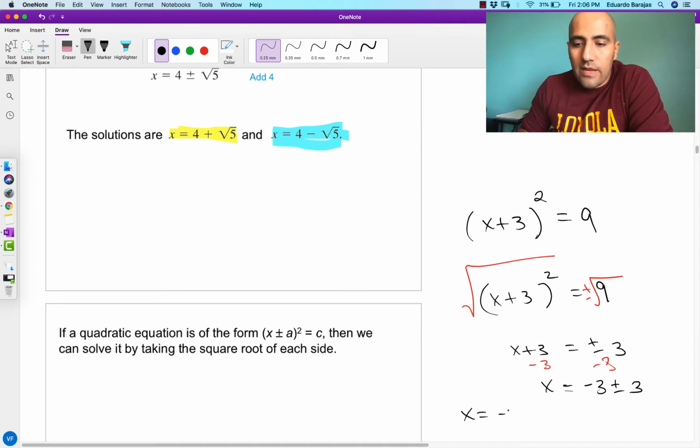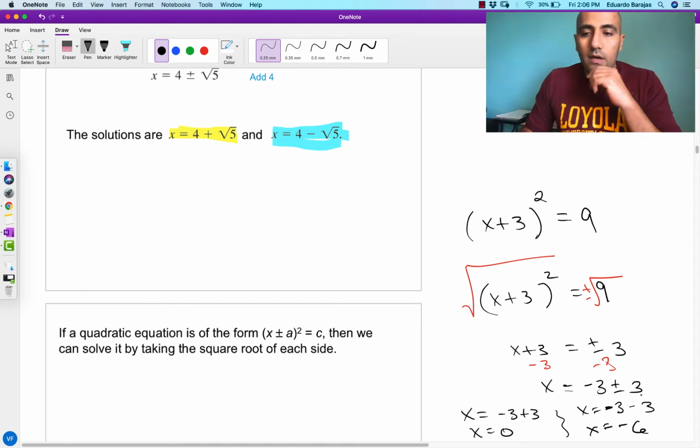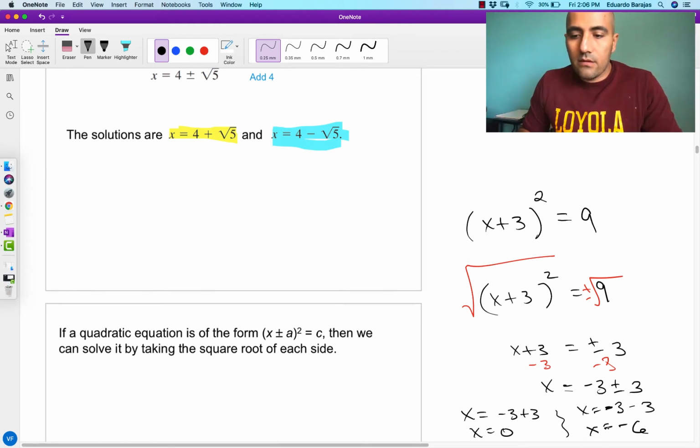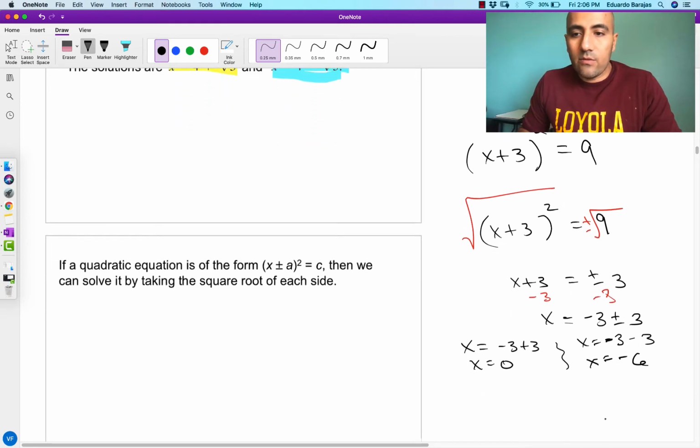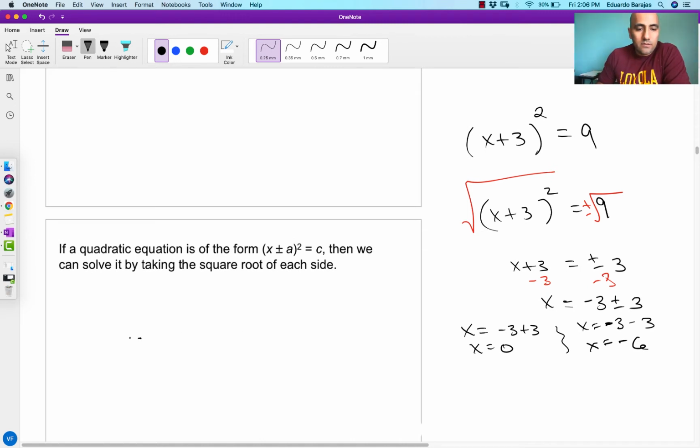x equals negative 3 plus 3, that's otherwise known as 0. And we get another answer, x equals negative 3 minus 3, which gives me x equals negative 6. Okay, so let's go ahead and check these to make sure that they work. So let's check. We have blank plus 3 raised to the power of 2, and I want that to equal 9.